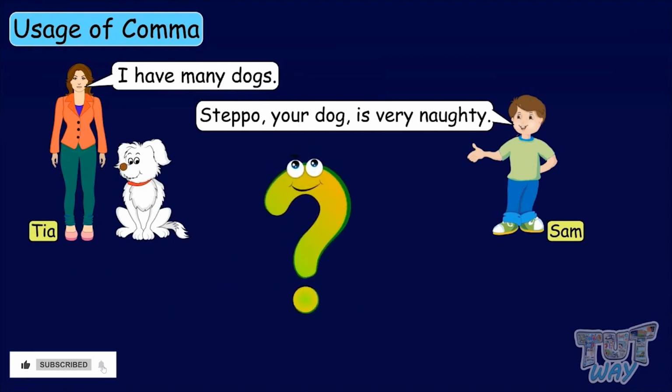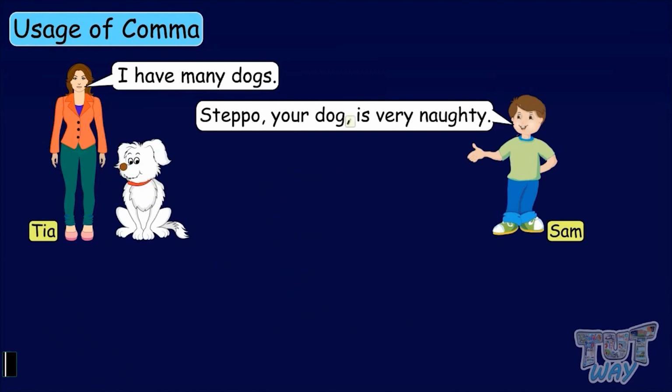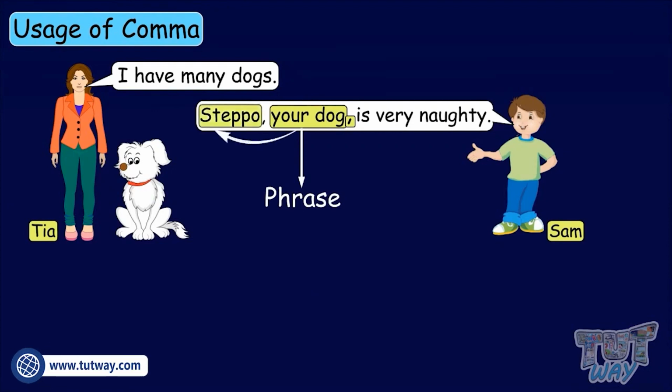It is because of the second comma in the sentence after the phrase, your dog. It means, Steppo, your dog. Your dog is a phrase that explains the naming word, Steppo. Steppo, your dog, is very naughty. It means Steppo is the name of the dog.